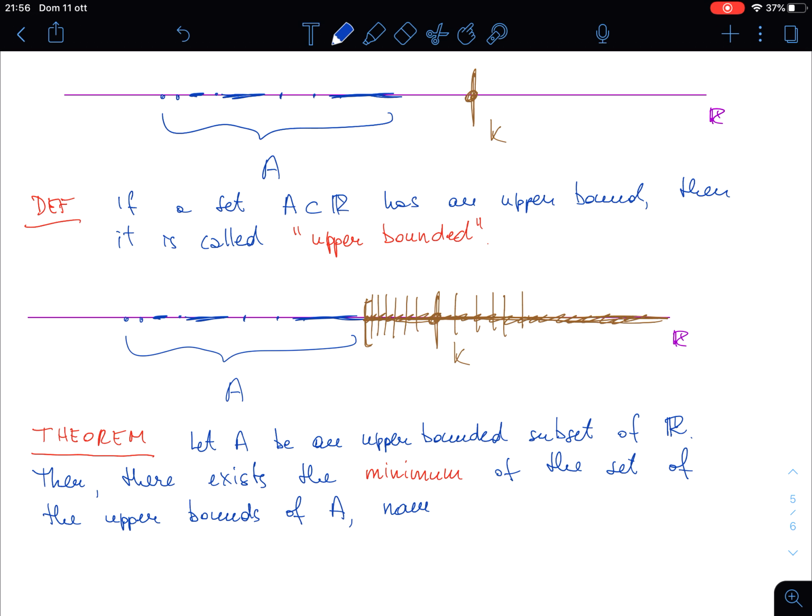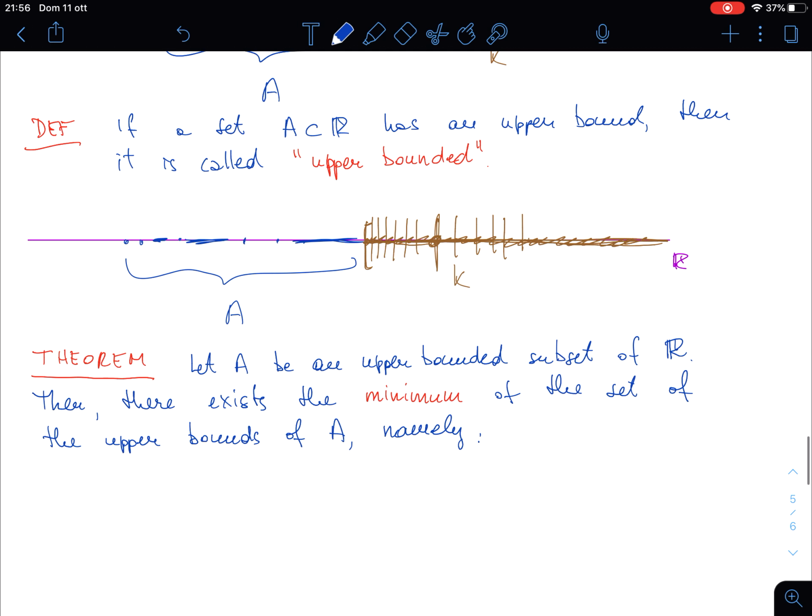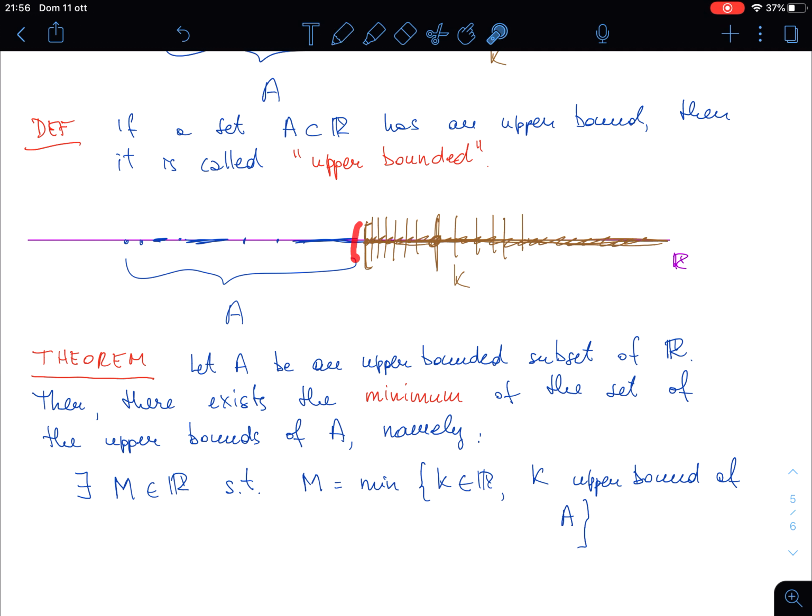namely there exists M in R such that this capital M is the minimum among all k's in R that are upper bounds of A. It is exactly what I told you before: the half line of the upper bounds is closed, and the point here is, of course, the minimum of the upper bounds.